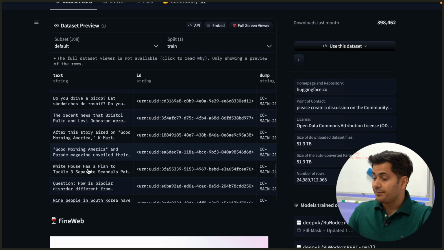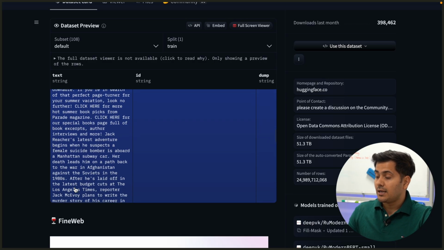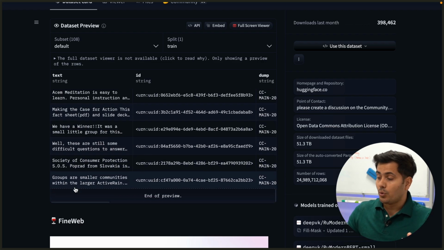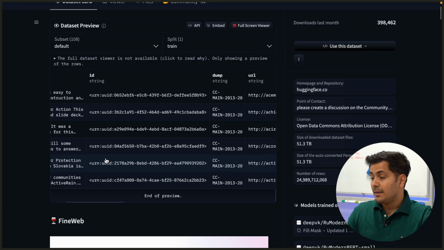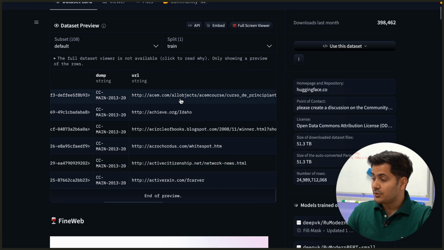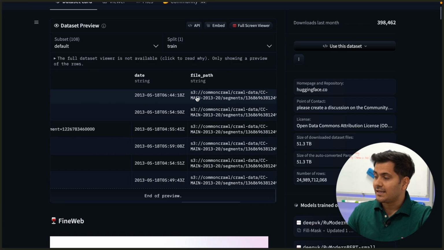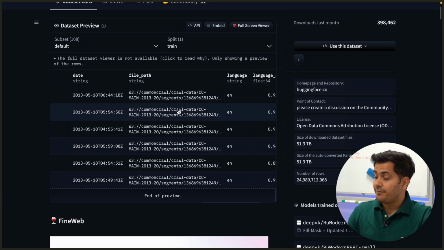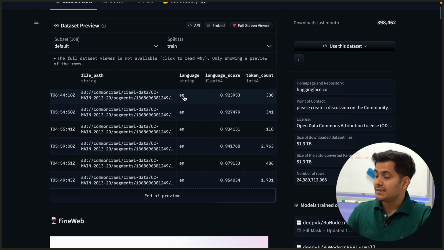You can scroll down. There's 25 billion of these records, and you'll see websites from all over the world going into various different topics. And there's also the source URL. There's also things like when was this fetched, and which language the article is written in.